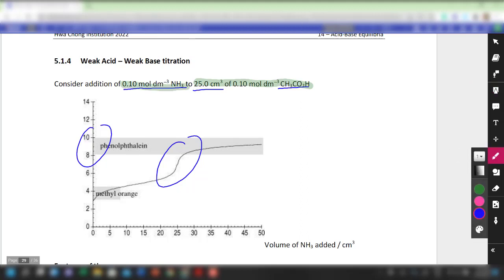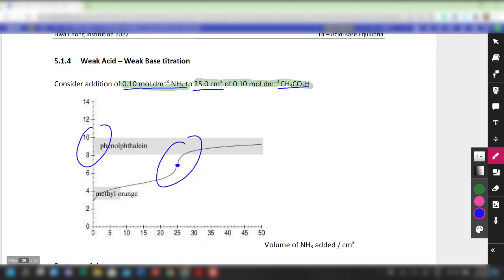I'm able to plot a graph which looks something like this. So I can roughly tell that around this region will be the equivalence point. But for a weak acid, weak base titration, in our case, you are not able to use any suitable indicator to determine the endpoint. So you can only use a pH meter to help you.